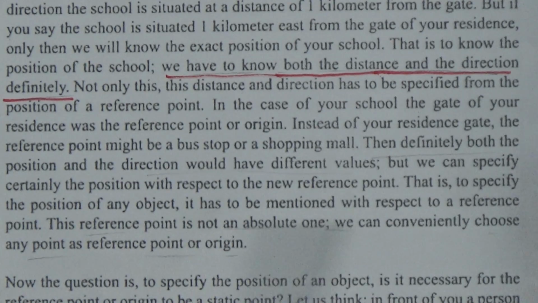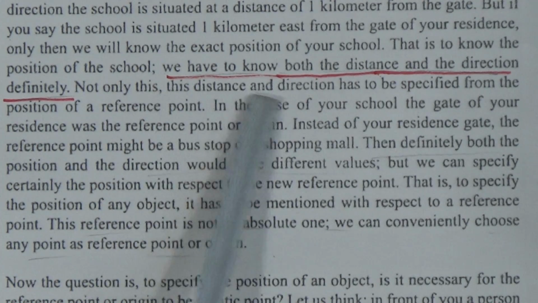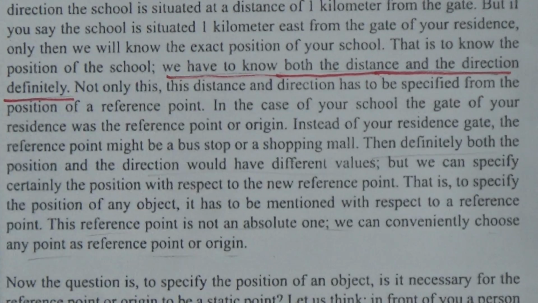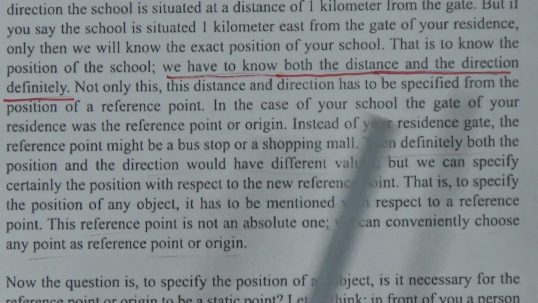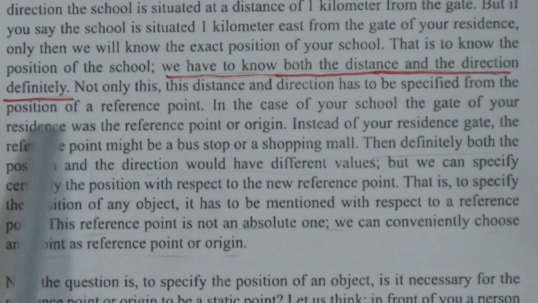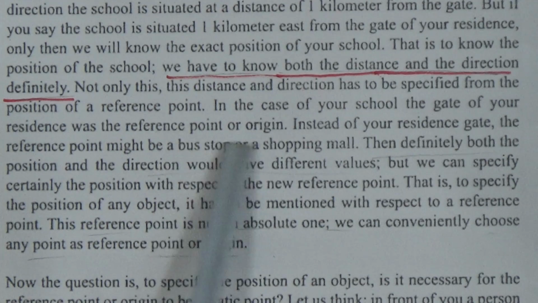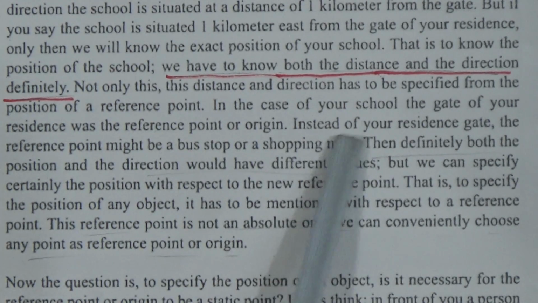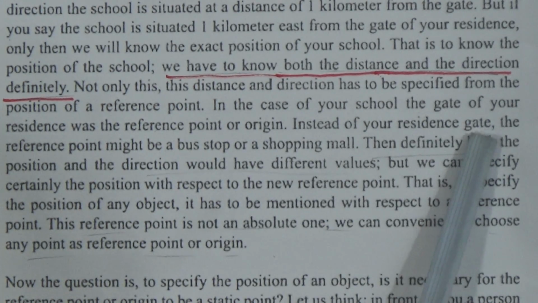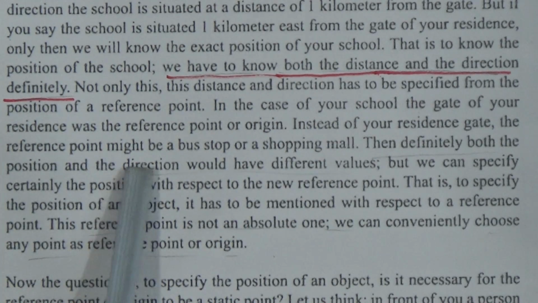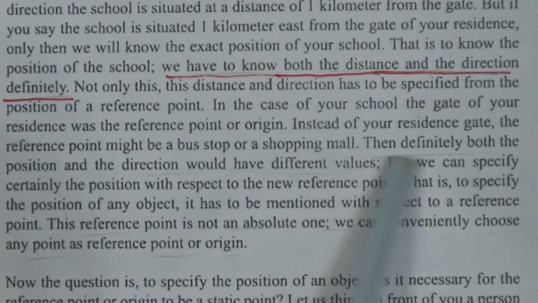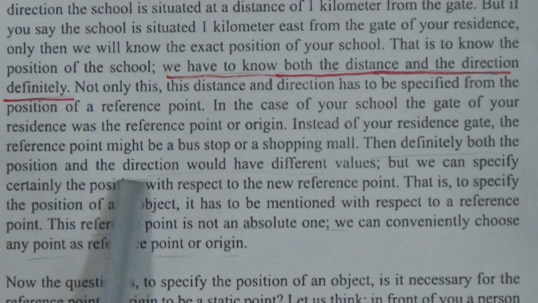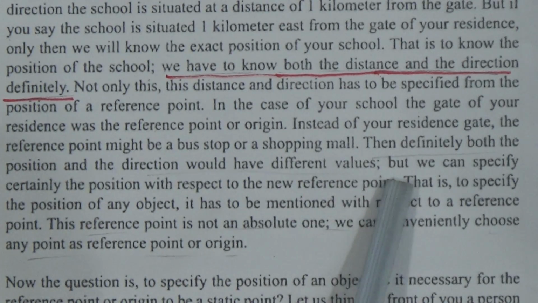Distance and direction have to be specified from the position of a reference point. In the case of your school, the gate of your residence was the reference point or origin, and instead of the gate, the reference point might be a bus stop or a shopping mall, then definitely both the distance and the direction would have different values.